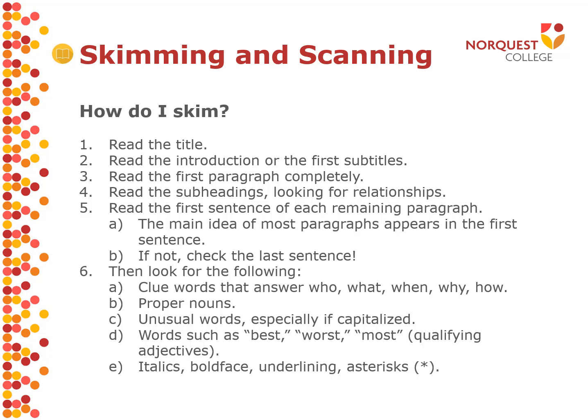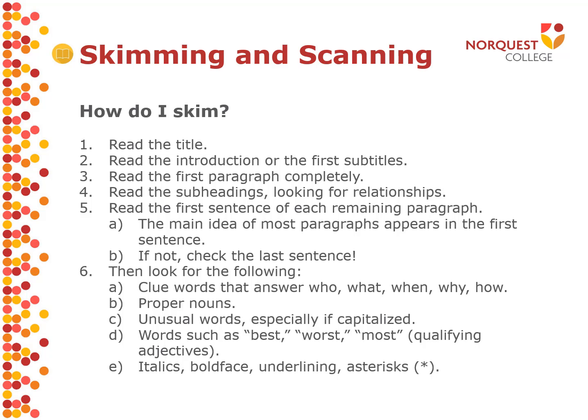Next, while we're reading, we should also look for the following. We should look for any important clue words about who, what, when, where, why, how, based on our understanding of the title, the introduction, and some of the main who, what, when, where, why, how. We should look for proper nouns because it might be about a specific person or place we need to learn about.